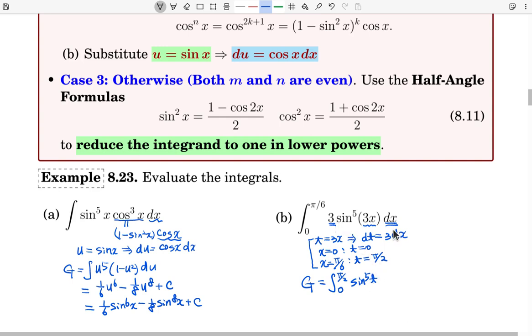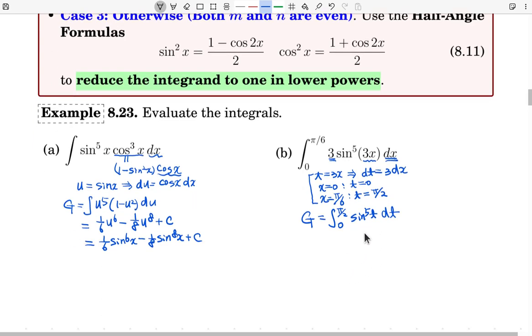Now 3 dx becomes dt. For this portion we can separate this one. Let's use just s rather than sine, so that is s to the 4 times s.